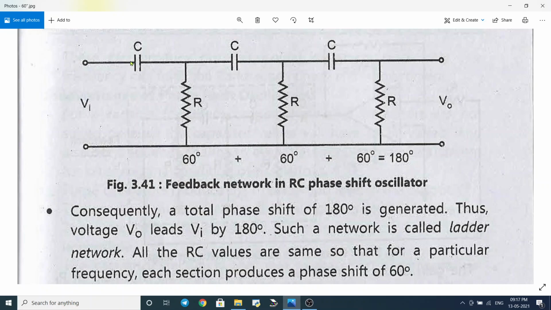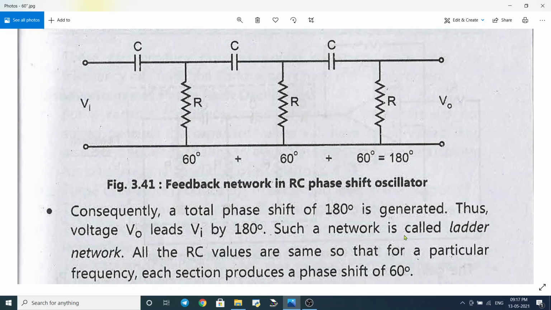If we connect one RC network, that will give 60 degrees. The second RC network will again give 60 degrees, and the third RC network will give 60 degrees, so the total phase shift from these 3 RC networks will be 180 degrees.